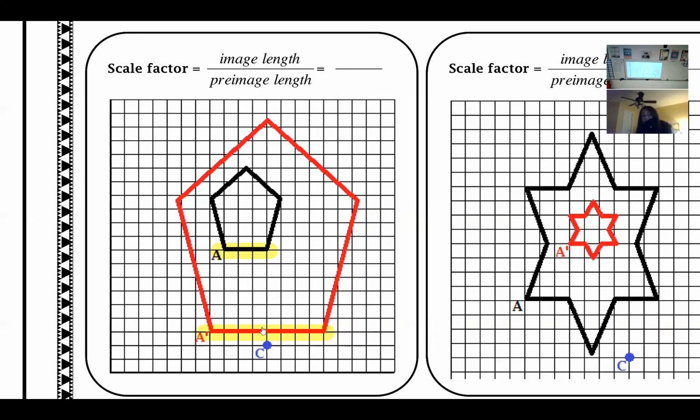How many units across? So we got 1, 2, 3, 4, 5, 6, 7, 8. Did y'all get 8? Maybe? Let me double check myself. 1, 2, 3, 4, 5, 6, 7, 8.